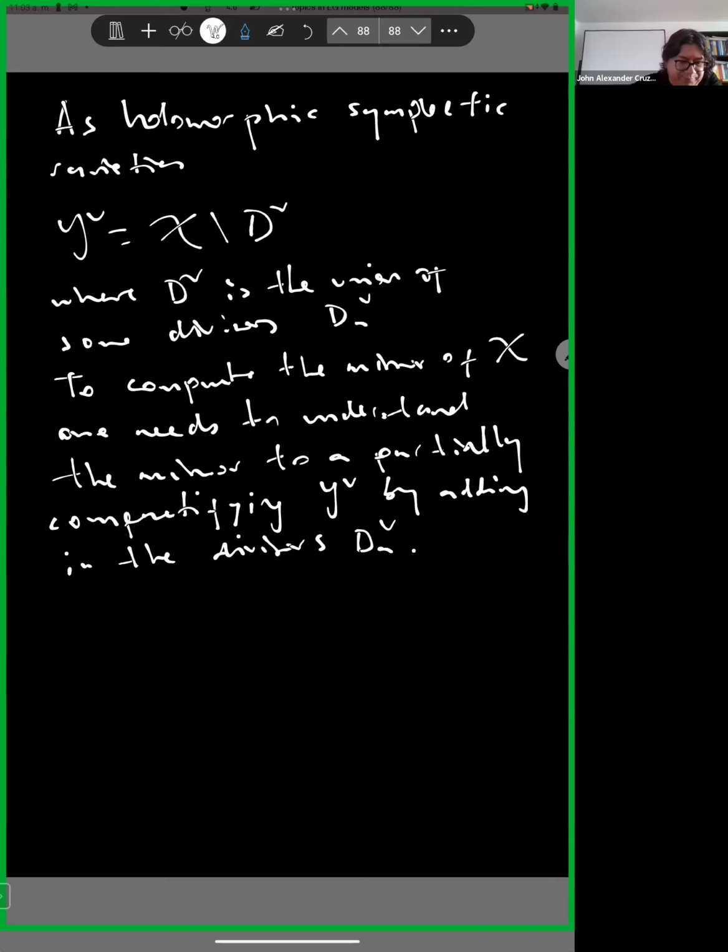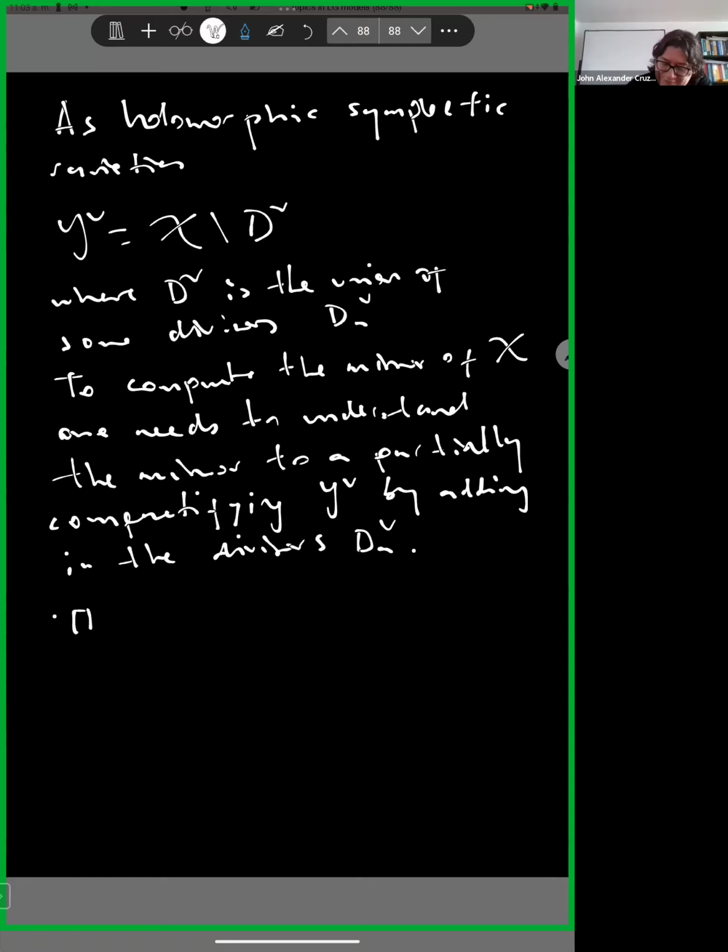But what would it actually mean to add in divisors? In mirror symmetry, this corresponds to constructing a superpotential on Y, which is the mirror of Y check. So we want to add some divisors, we want to compactify; in the mirror picture, this corresponds to constructing a potential on the mirror manifold.